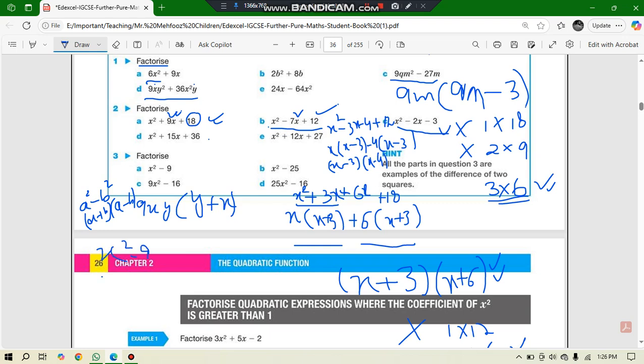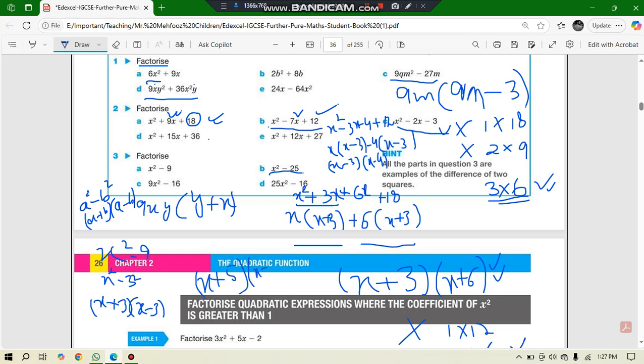First of all we can write it as x square minus 3 square. At the end we can write it as x plus 3 and x minus 3. This is the factorization of this type of expression. Again, this is x square minus 25, so we can write it as x square minus 5 square. So it becomes x plus 5 and x minus 5.